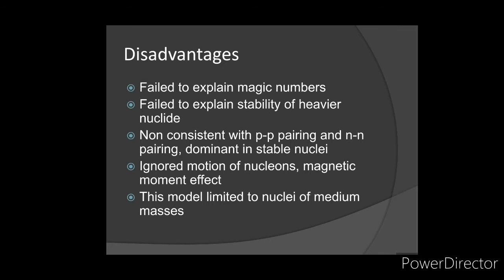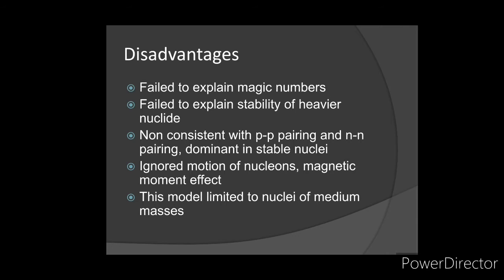This model is not consistent with the proton-proton and neutron-neutron pairing effect, which are prominently observed in the stable nuclei. Here, in this model, the collective motion of the nucleons is considered rather than the individual motion. This model ignores the independent motion of nucleons and the magnetic moment effect.